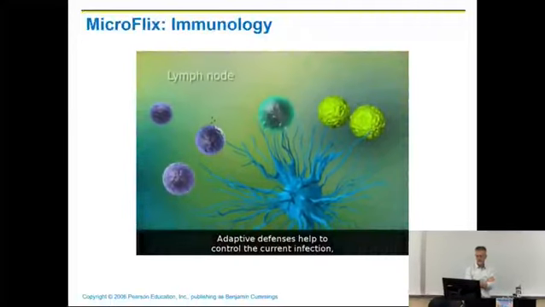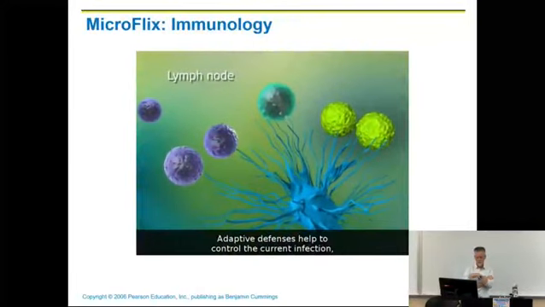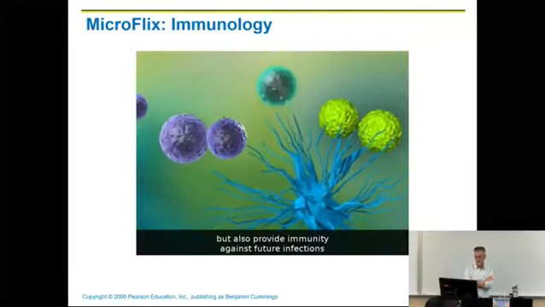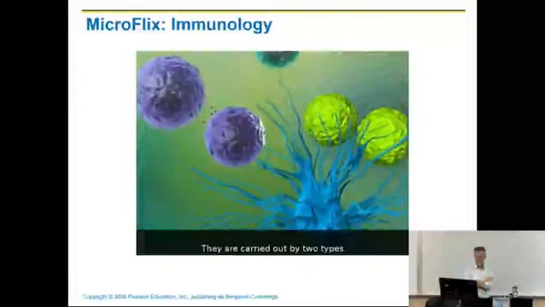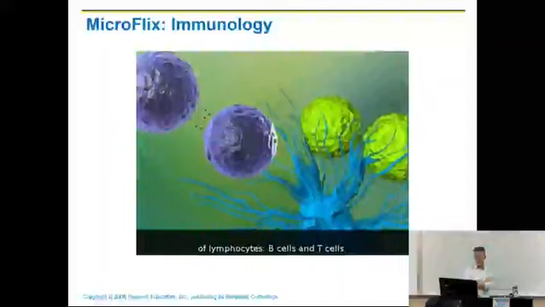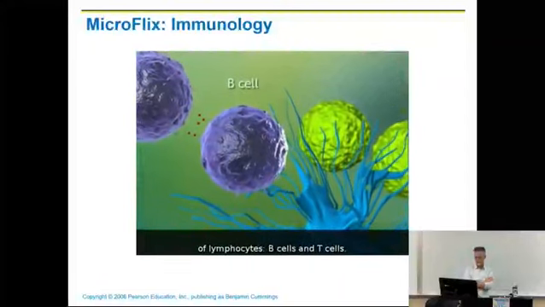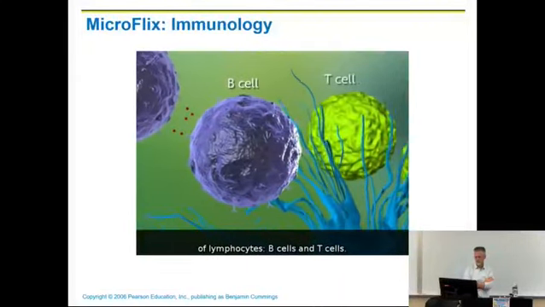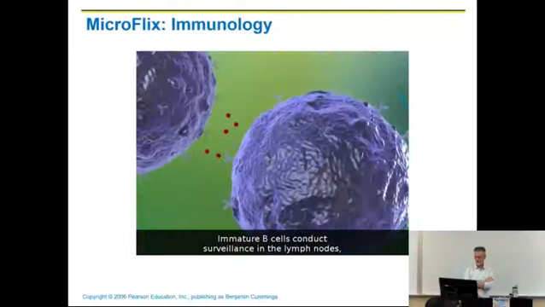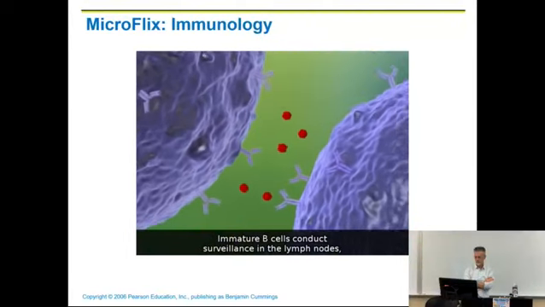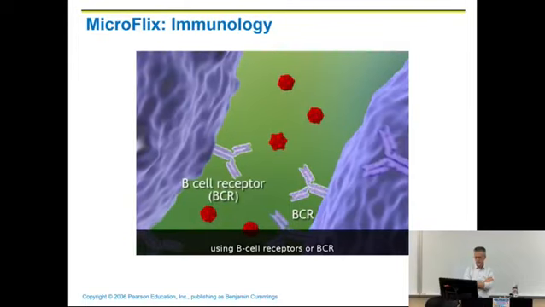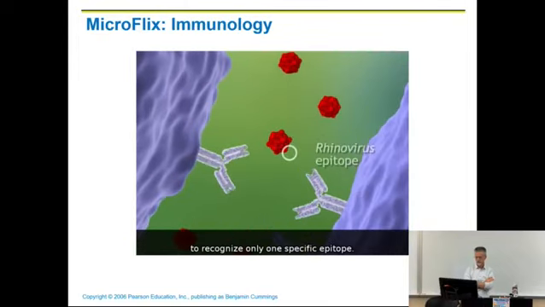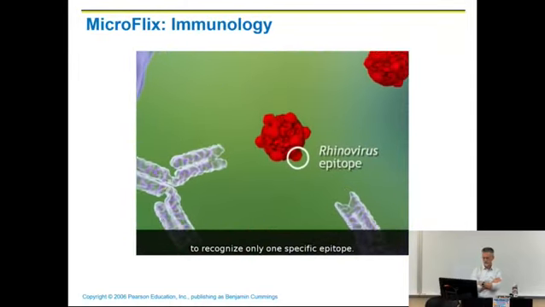Adaptive defenses help to control the current infection, but also provide immunity against future infections by the same rhinovirus. They are carried out by two types of lymphocytes, B cells and T cells. Immature B cells conduct surveillance in the lymph nodes, using B cell receptors, or BCR, to recognize only one specific epitope.